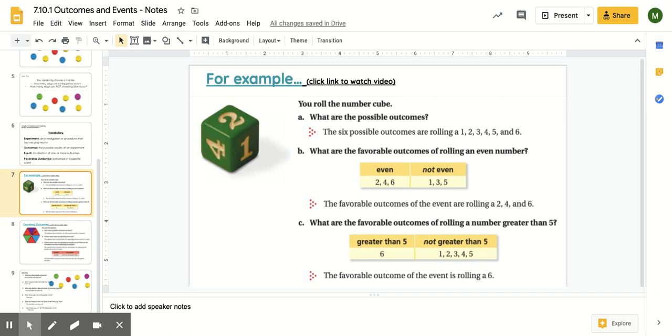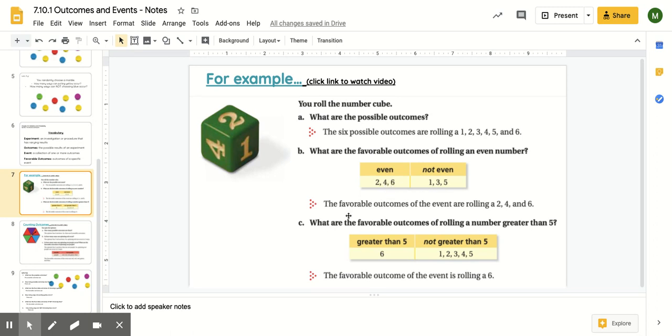Then it asks us what the favorable outcomes are. So remember, favorable outcomes are the outcomes specific, like a specific outcome that we're looking for. So what are the favorable outcomes of rolling an even number? Option number 1 is 1. That's not even. 2 is even. 3 is not. 4 is. 5 is not. 6 is.